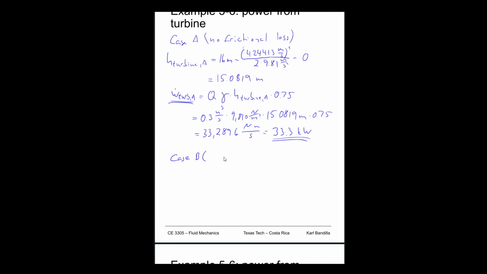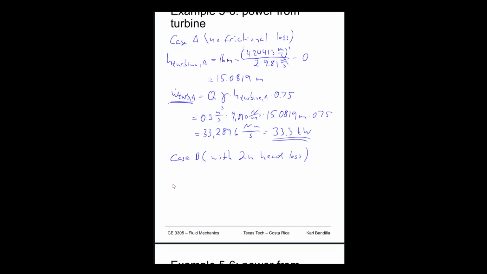Case B with a 2-meter head loss. Now we could go in, plug everything back in here and do the minus 2 meters here, right, in where we calculated turbine A.